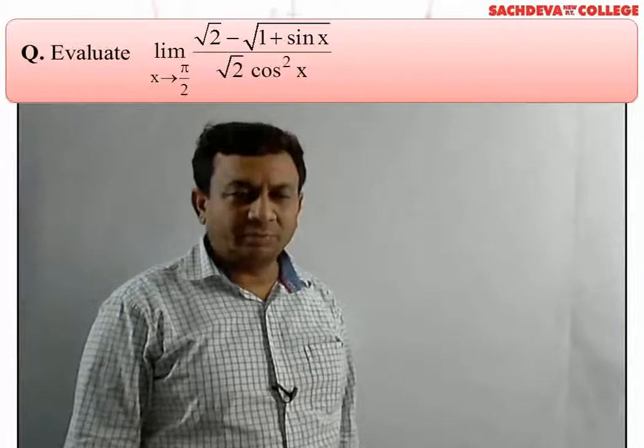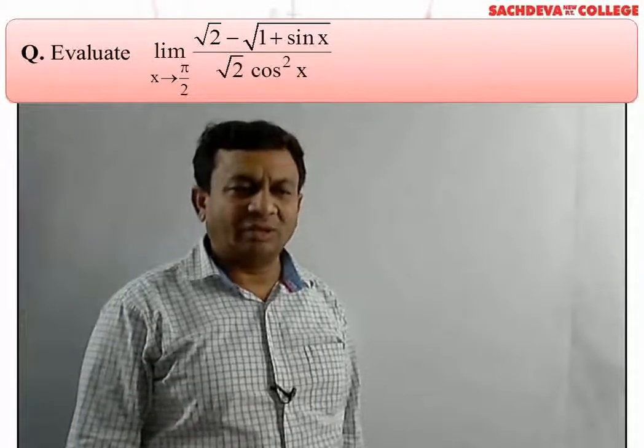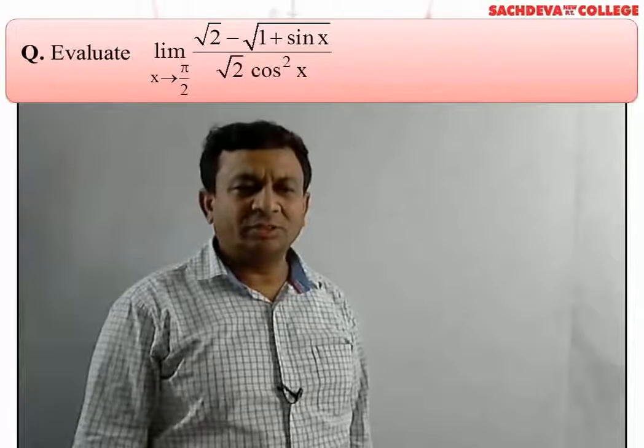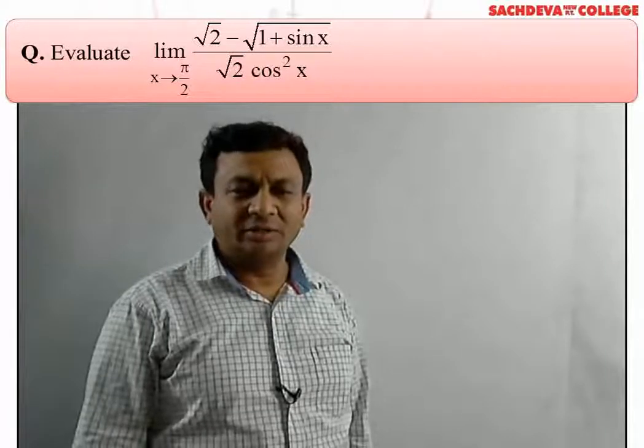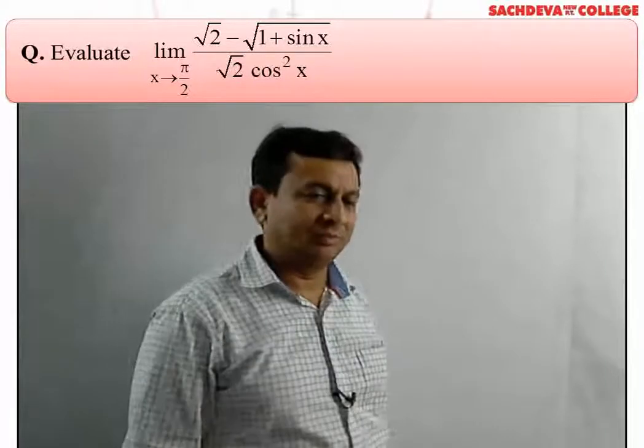Now we solve the next problem. Evaluate limit x tends to pi by 2, (root 2 minus root(1 + sin x)) divided by (root 2 into cos square x).